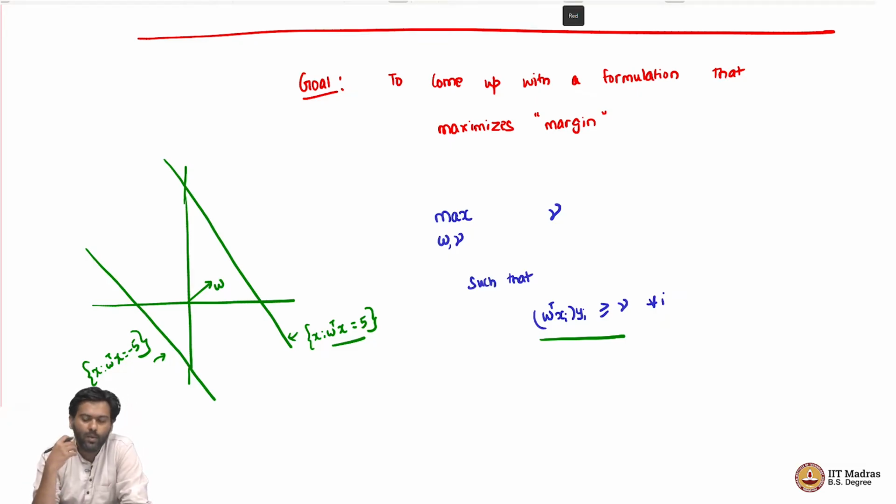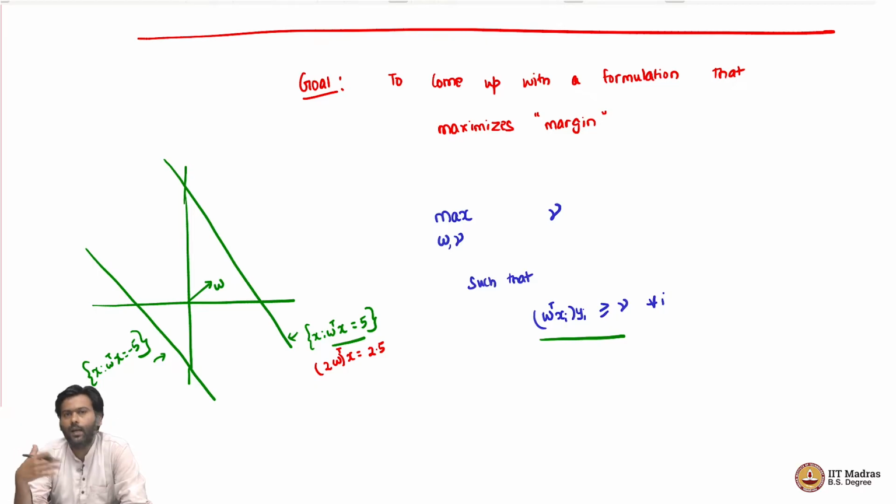The moment you tell me that here is the W and this is the corresponding gamma, I can argue as follows. Look at the corresponding W, which is, let us say, 2 times W transpose x equals 2 times 5. If every x on the line satisfies W transpose x equals 5, then every x on the line also satisfies 2 times W transpose x equals 10 naturally.